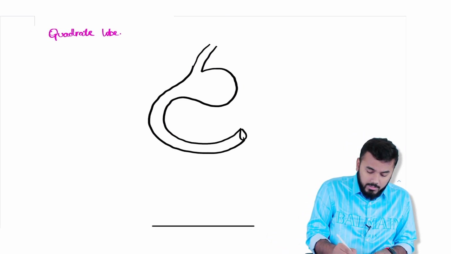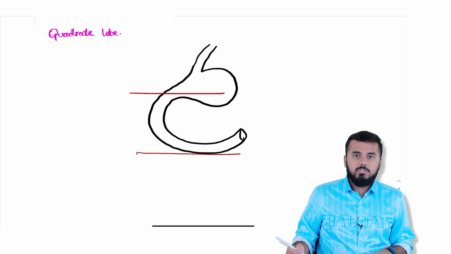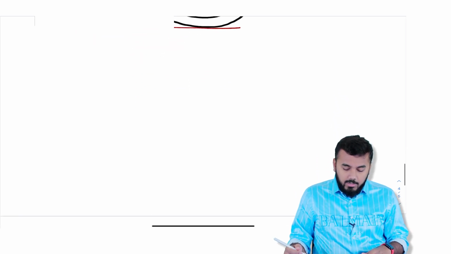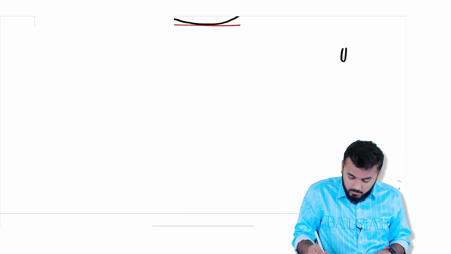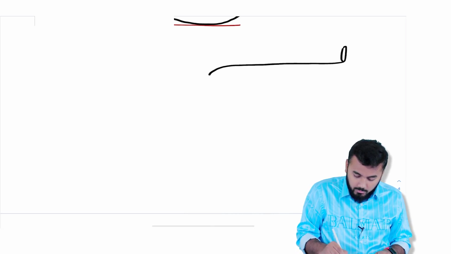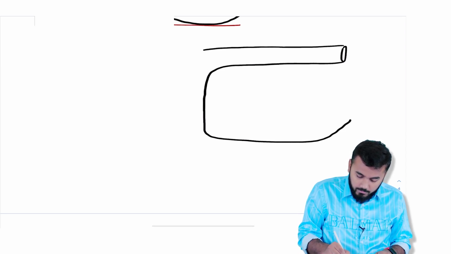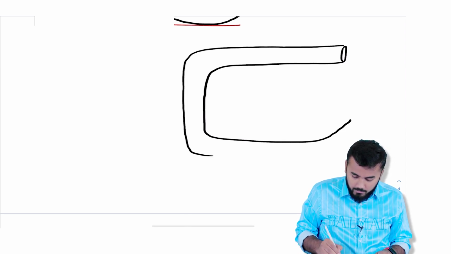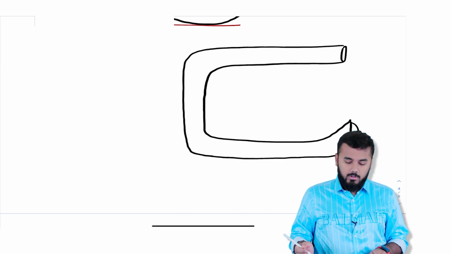So from here all the way till here we have this C-shaped duodenum. Now that same duodenum, I am drawing it down, just have a look. This was your duodenum all the way.